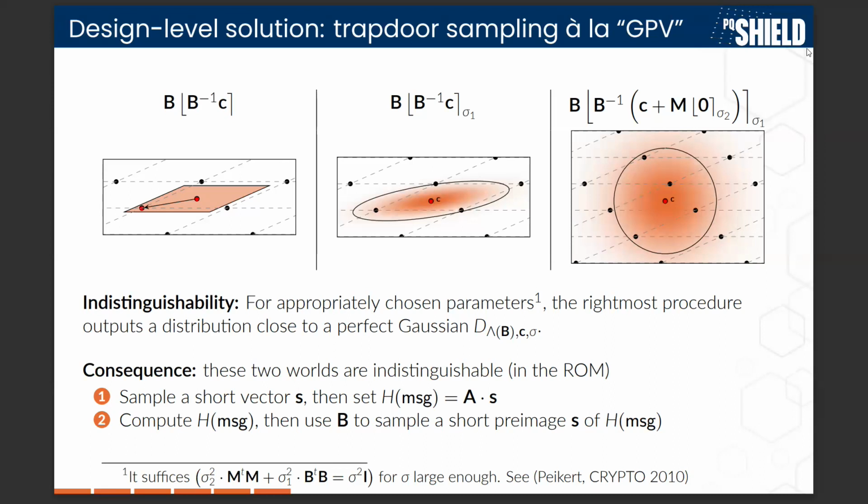Right? So the signature in this case would have no leakage, or the shape of the signature has no correlation to the underlying basis. All right, so what you can show formally is that if you choose the parameters in just the right way so that everything cancels out appropriately, the distribution you get is statistically close to a perfect Gaussian.